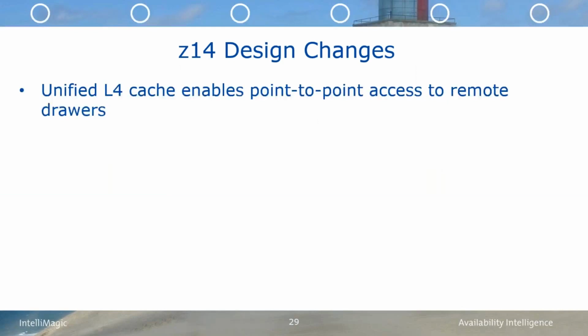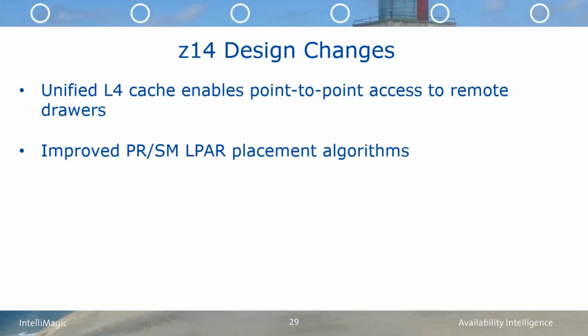We'll list several significant design changes and then look at each one in some more detail, along with its associated metrics. First, a unified level 4 cache enables point-to-point access to remote drawers, which reduces the cycles required for remote drawer access as compared to the Z13.